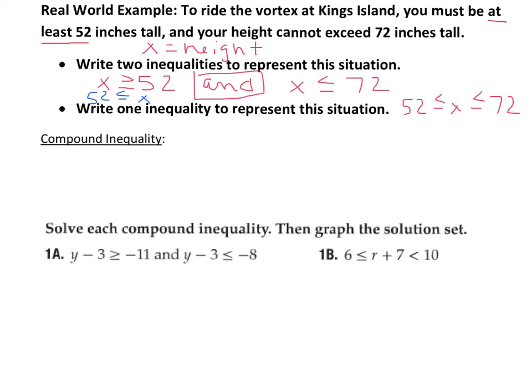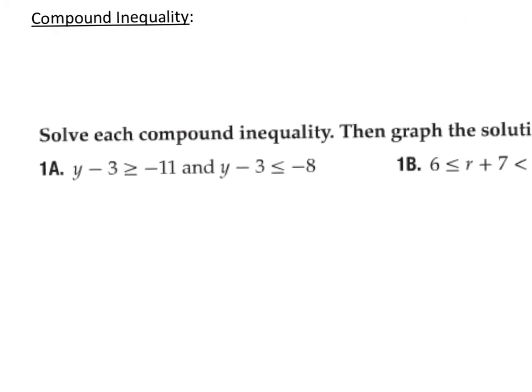So you either have the option of writing it out, two numbers with the word and in there, or scrunch it all together and write it as what we call a compound inequality. Okay? So now, a compound inequality is where we're going to have two inequalities.